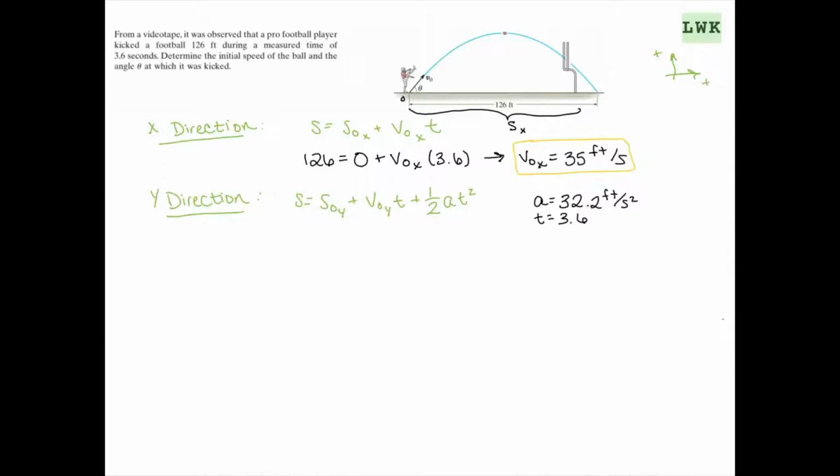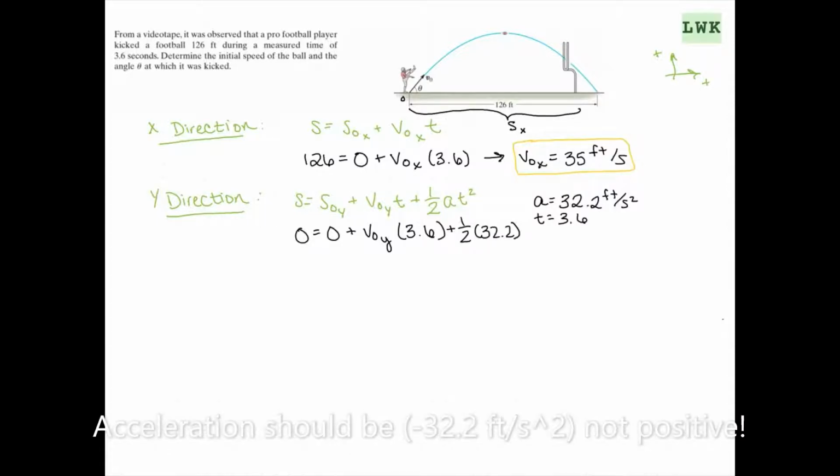And let's just begin to plug in what we know. So we're going to say this is 0, starting from the ground where he's kicking it, equals 0 plus v y times 3.6 plus 1/2 times 32.2 times 3.6 squared.